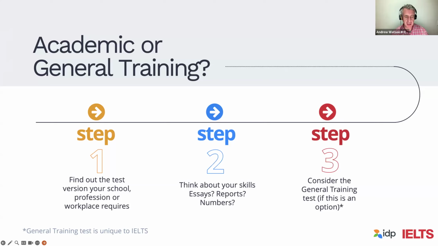Step 3. When taking IELTS for migration purposes, you do have this unique choice. The difference between the two versions of IELTS lies in the subject matter and the different skills required for each version.